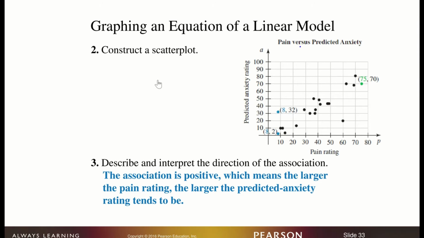So clearly the association is positive, which basically means the larger the pain level, remember, the horizontal axis is the pain level, the larger the associated predicted anxiety level on the next one.